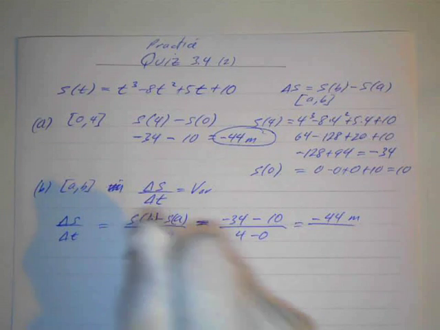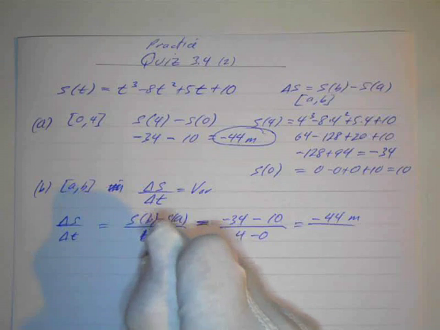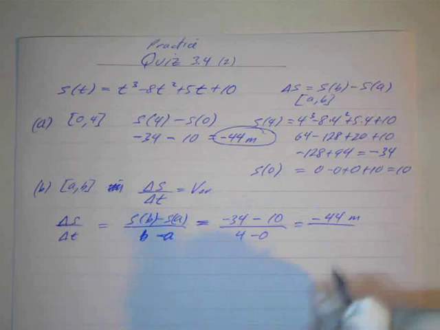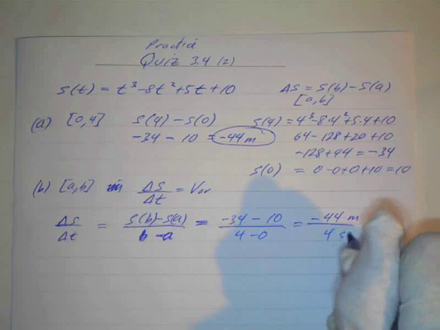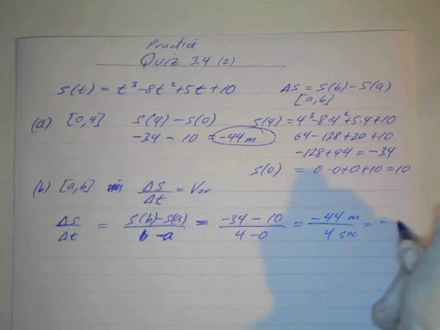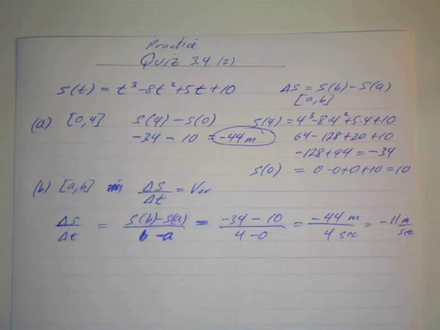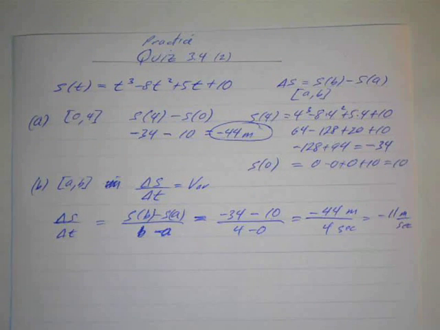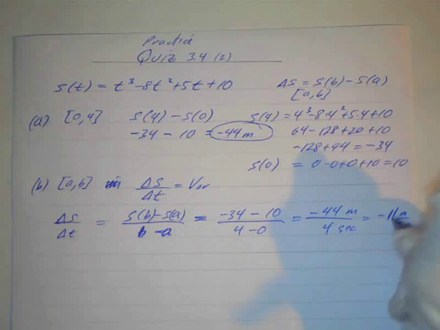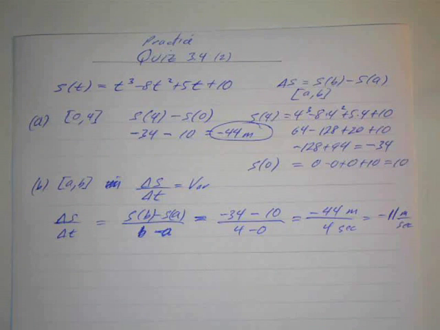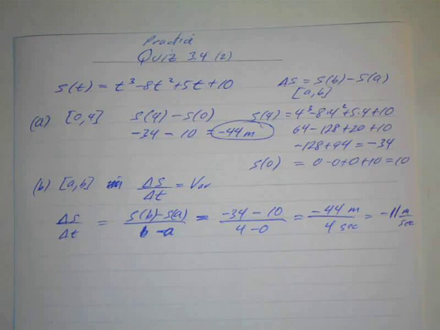This is my horizontal axis, which is in seconds, and this is my vertical axis, which is in meters. It's going to be 4 seconds. So you can see we've got negative 11 meters per second. That's going to be your average velocity.